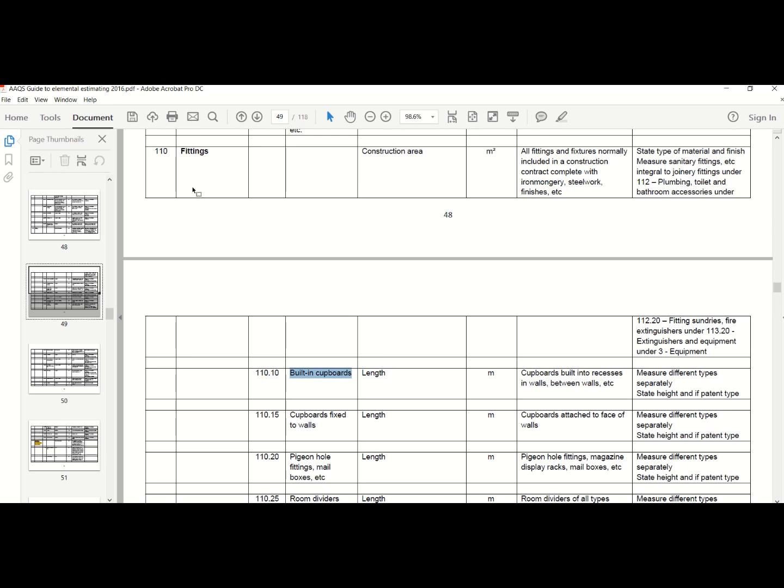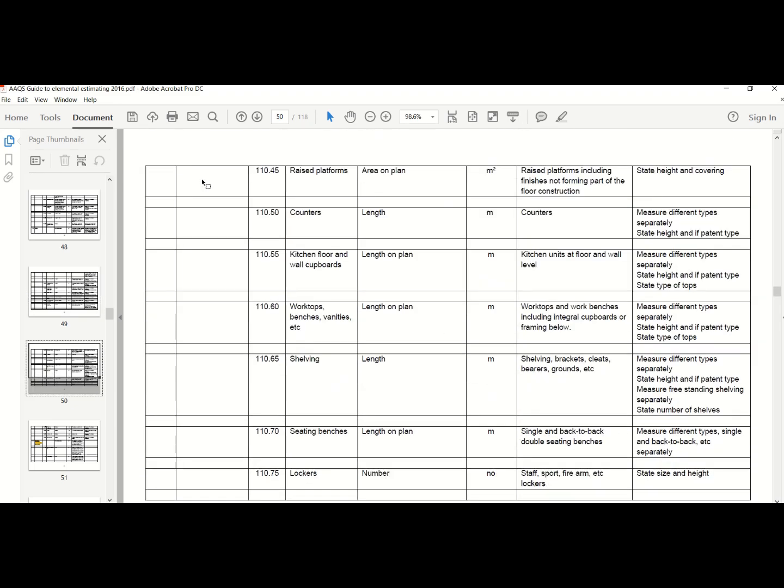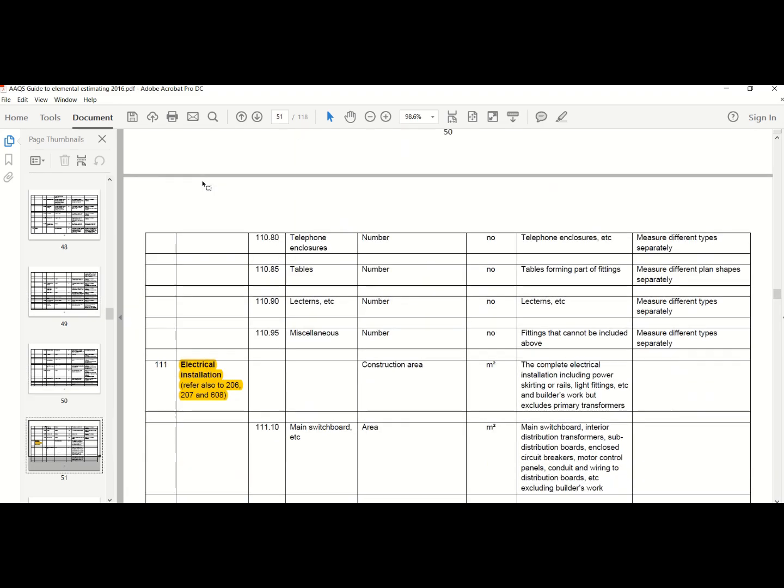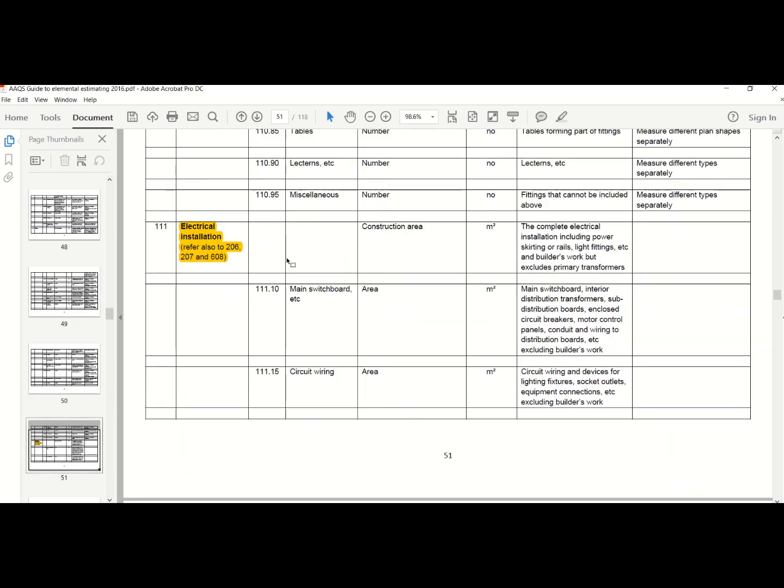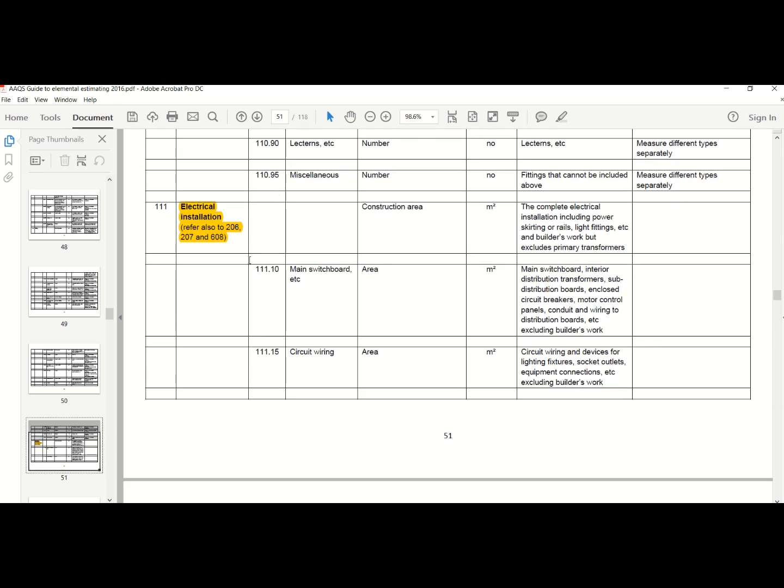Okay, so getting to our electrical installation. The electrical installation has two components. You've got your internal installation, so that's usually your light fittings, like stove connection, and your DB boards and all of that may be included in that.